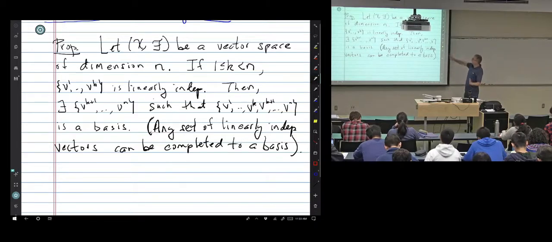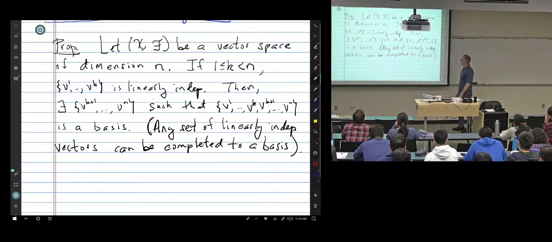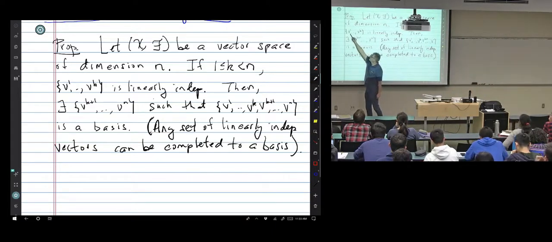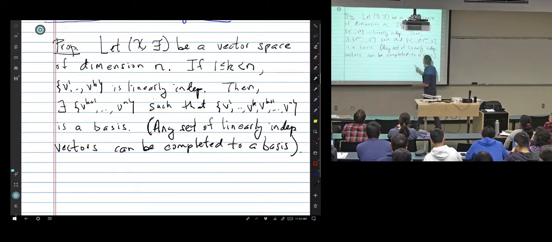Okay, why is this potentially important? Well, our vector space has dimension n. I know I can find a basis for it. It's finite dimensional. But who says I can find one that includes these vectors that I've already worked really hard to produce and have some special properties that I really, really like, okay? Who says if I like these vectors, I can always make sure that my basis contains them, okay?